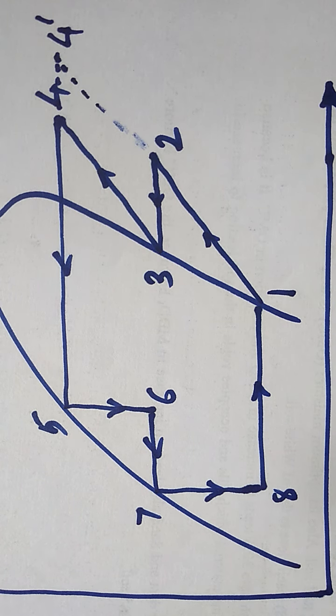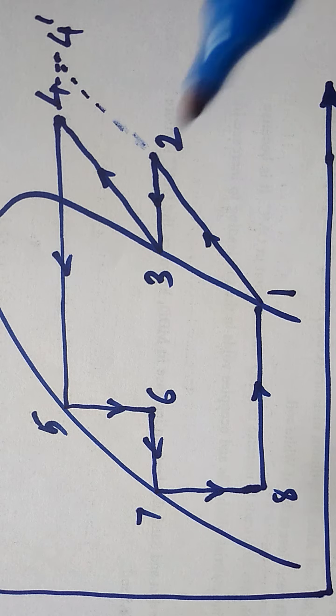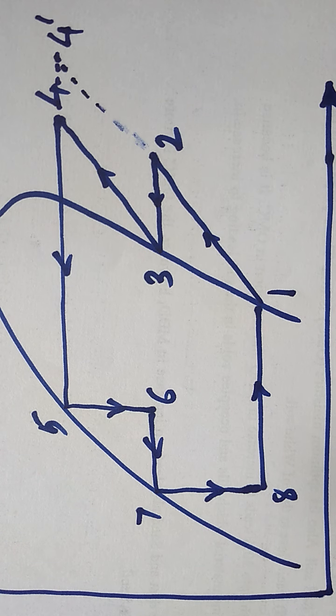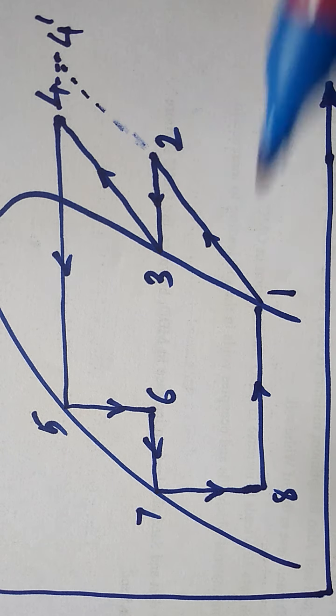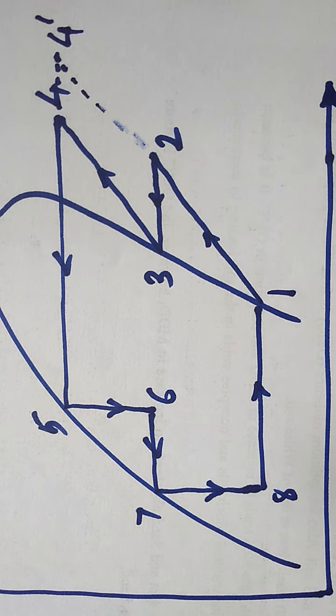The advantage is that there is a saving in work done. If it is compressed in a single stage, then the 1 to 4 dash process will be followed, and this process consumes more work.